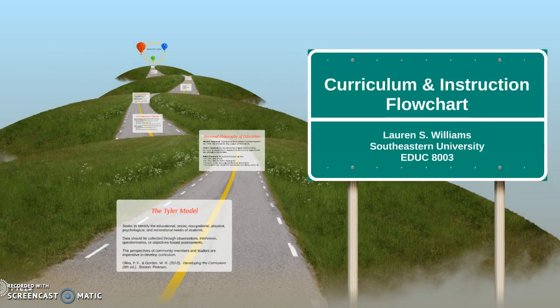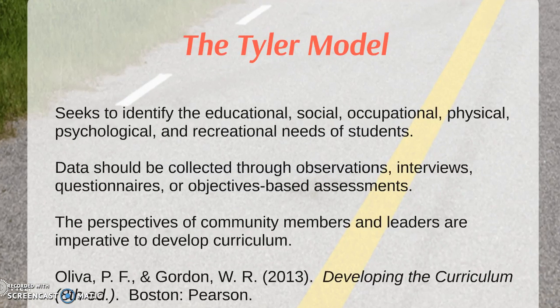Alrighty, let's get started. For my curriculum model, I selected the Tyler model. This model seeks to identify the educational, social, physical, and psychological needs of students, so it identifies the needs of students from a well-rounded perspective.